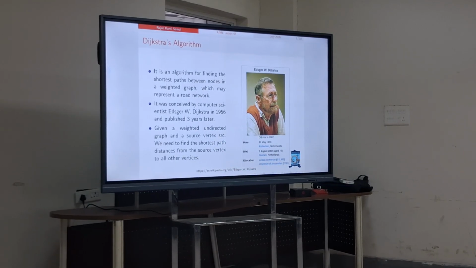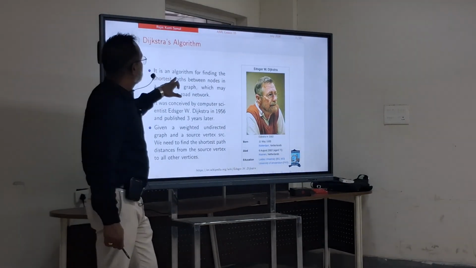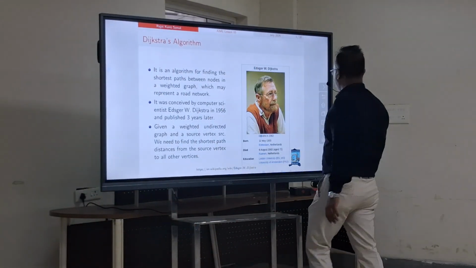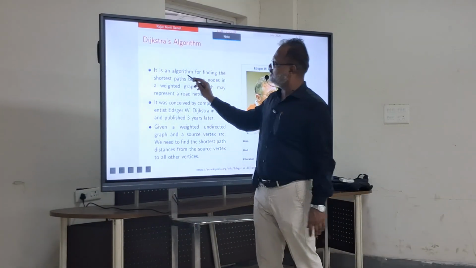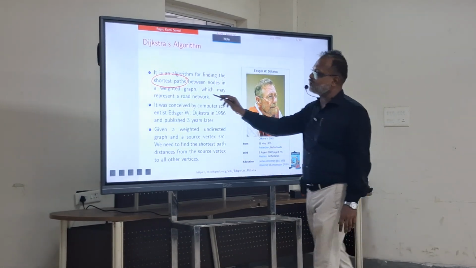So the first algorithm in that direction has both informed as well as uninformed versions, but most likely it is informed. It is Dijkstra's algorithm for finding the shortest path between the nodes in a weighted graph, which may represent a road network.